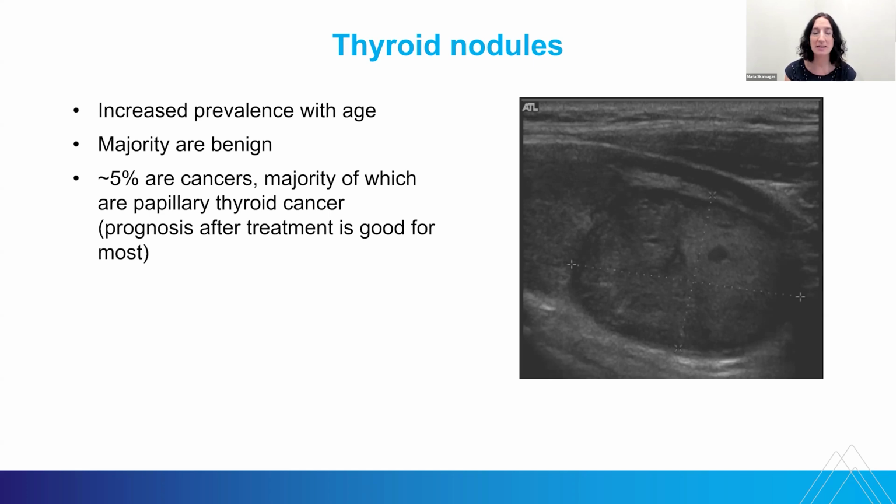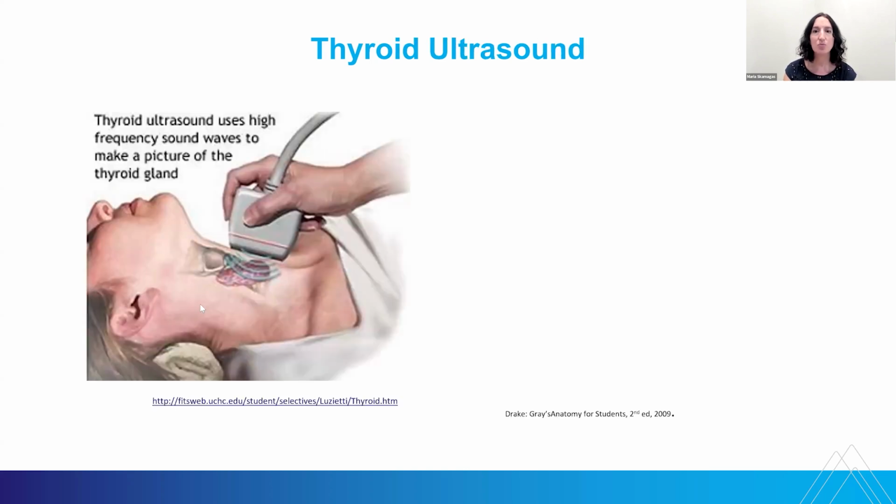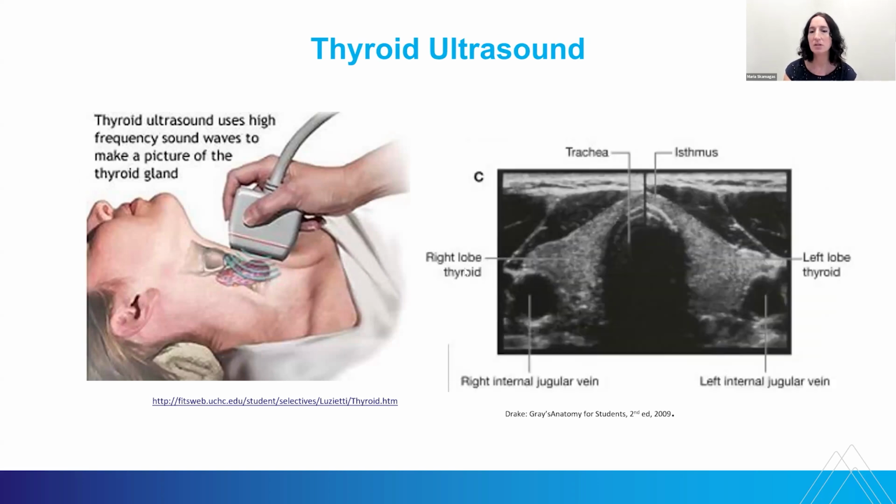And then we have anaplastic thyroid cancer, which is uniformly fatal, usually within about a year of diagnosis. One of the Supreme Court justices, Rehnquist, actually passed away from anaplastic thyroid cancer. Thankfully, it's very rare. Again, thyroid ultrasound is the best way to image the thyroid gland and to image if you do have a finding on exam.